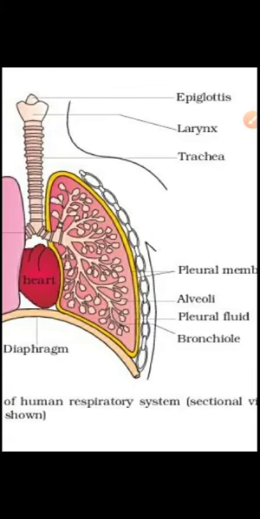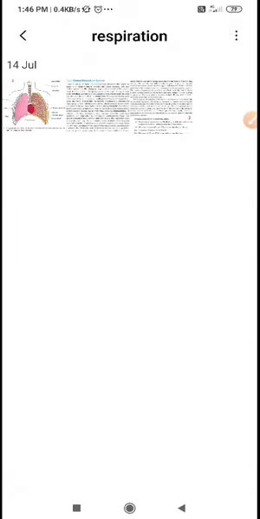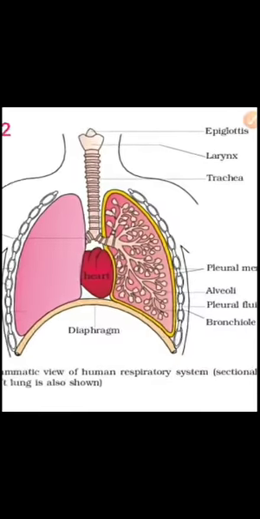Glottis is the opening and the flap covering that is epiglottis. Clear, I think. So the laryngeal region is a part of pharynx.